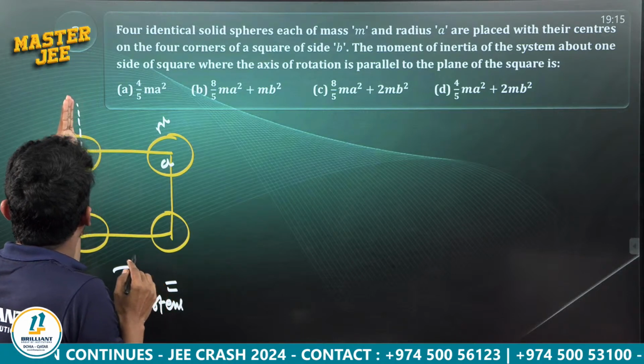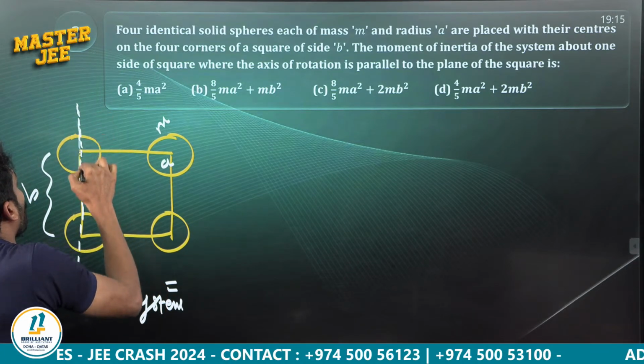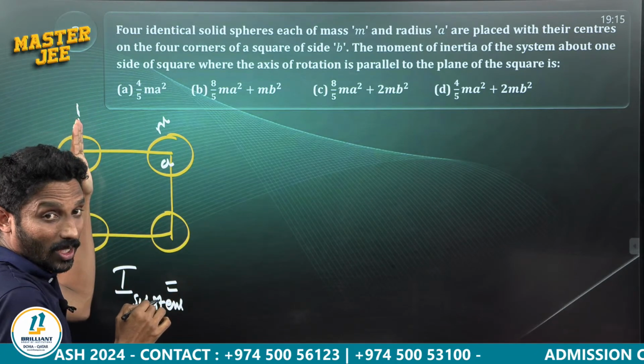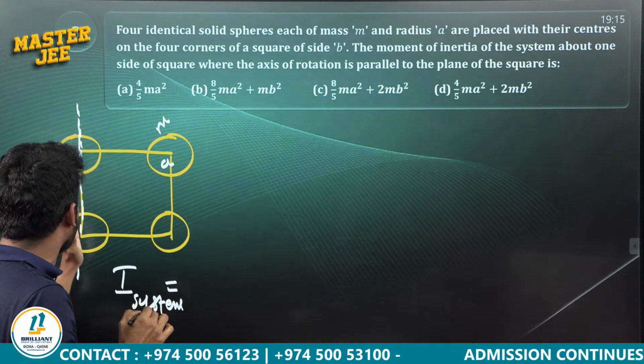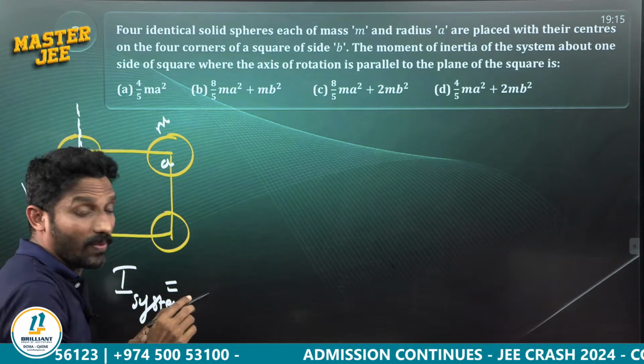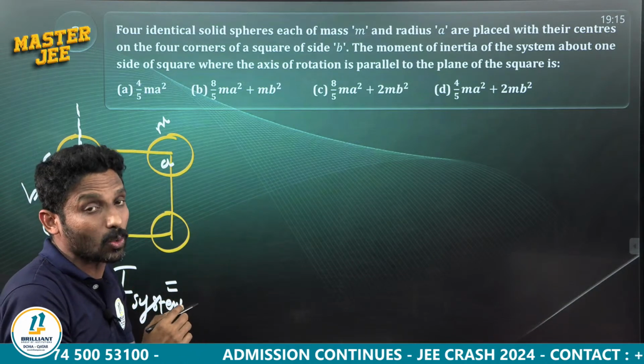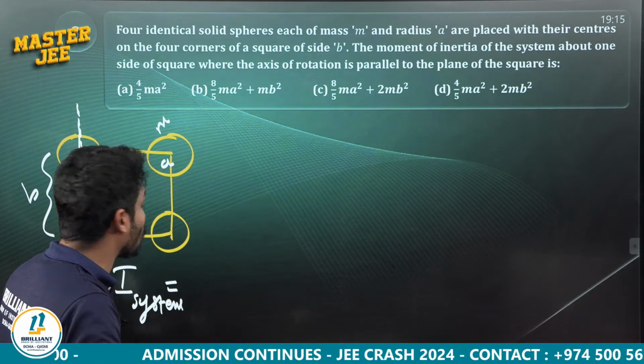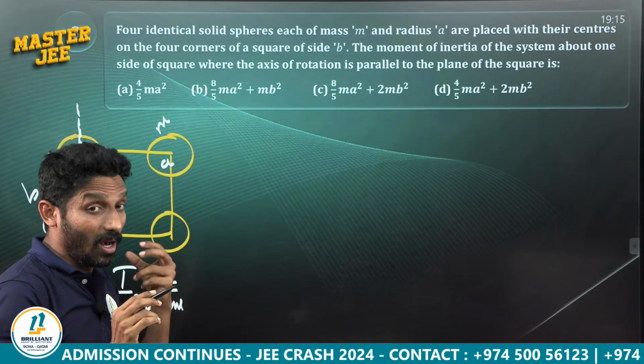The axis is passing through the diameter of each. What is the moment of inertia of a sphere when the axis passes through the diameter? That is 2 by 5 m r square.